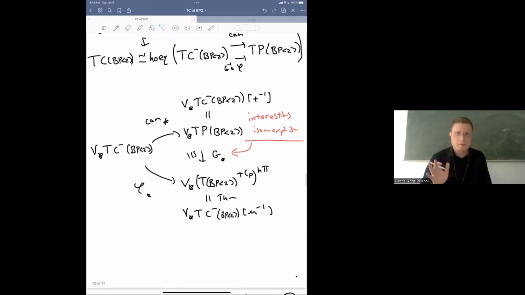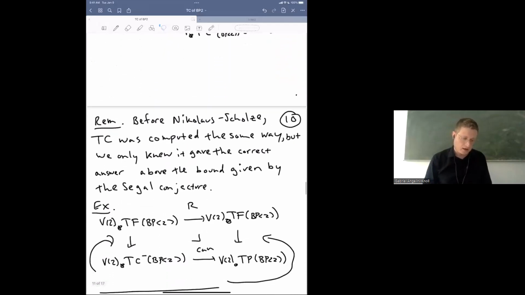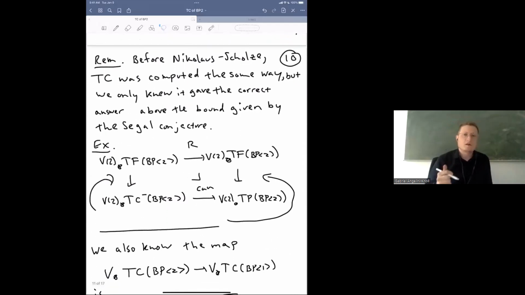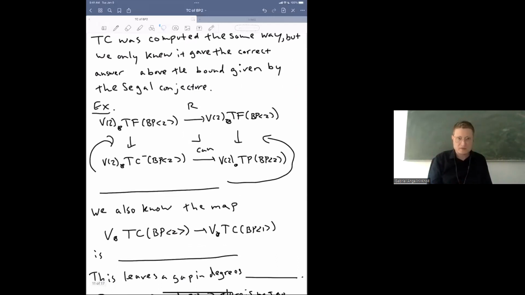So let me say a little bit about how this relates to how one would have done this before Nicolaus and Schulze. Before Nicolaus and Schulze, we would have computed TC in basically the same way, but we would have only known that it gave the correct answer above the bound given by the Segal conjecture. This isn't precisely why it's the case, but let me indicate that. We have this restriction map going from TF to TF, and a canonical map going from TC⁻ to TP. This sits in a commutative diagram, which is just the isotropy separation diagram.